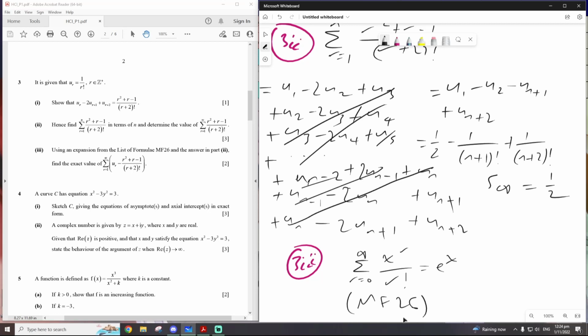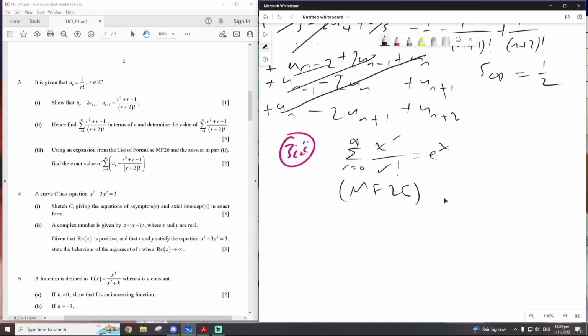Okay, so you don't need to remember this, but in our case, sum r equals 1 to infinity of ur minus r squared plus r minus 1 divided by r plus 2 factorial. Now you will see that this is ur is 1 over r factorial.